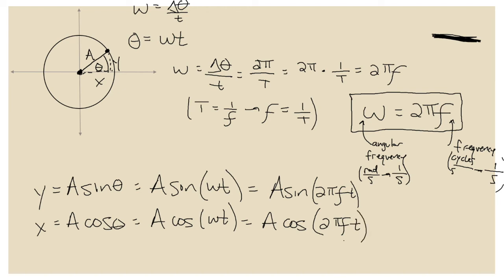Notice what these equations say is if we want to find either the x position if the object happens to be oscillating back and forth horizontally, or the y position if an object is oscillating back and forth vertically, we can use this equation to write a position as a function of time for the object. Meaning, if we know the amplitude of the oscillation and we know the frequency of the oscillation, we now have a function of time. So if we want to know, say, where the object is at 5 seconds, we plug in 5 seconds for our time, and boom, it spits out the x coordinate automatically.